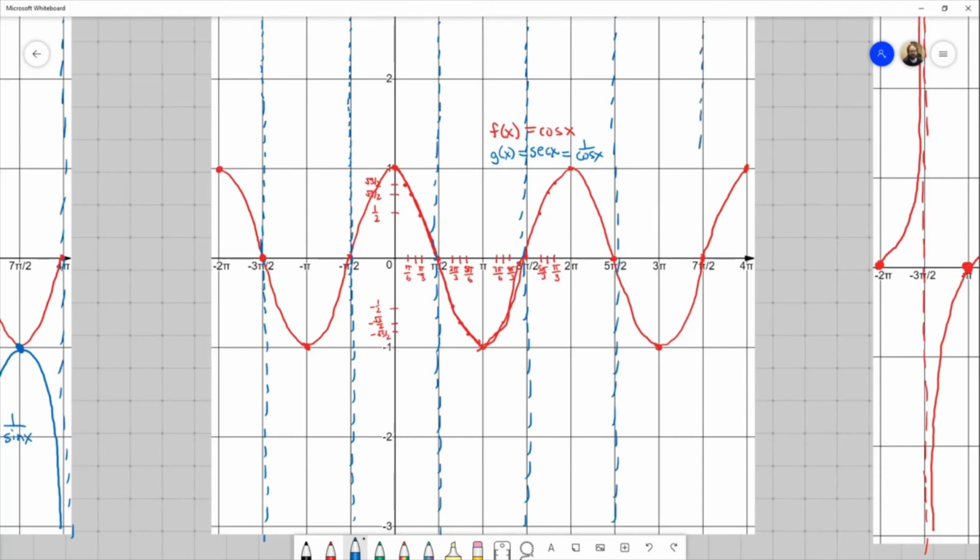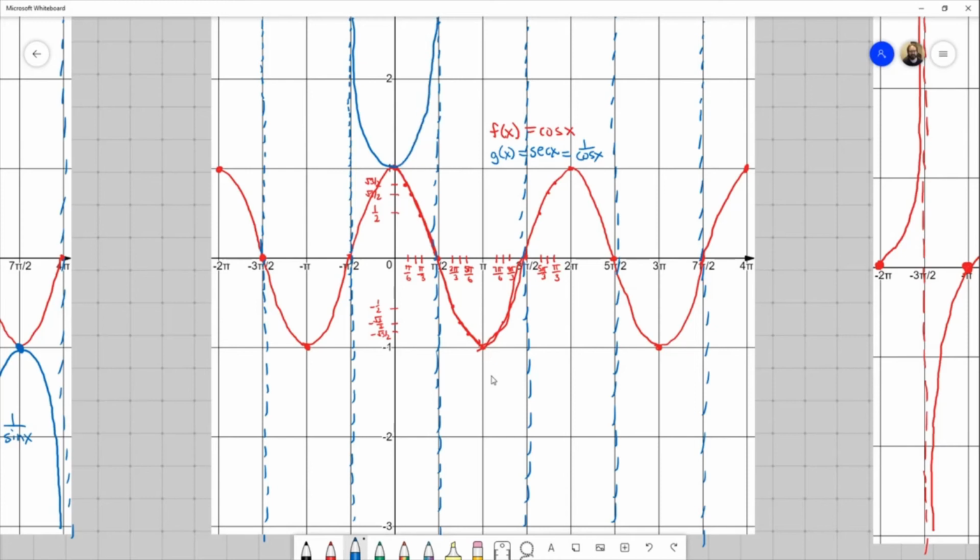And then just like we did with sine, in between each pair of vertical asymptotes, the graph of cosine is either always positive or always negative. And we can attach these, I guess I call them the secant humps. There are the cosine humps, and we're going to have the opposite secant humps. So where the graph of cosine is positive, we're going to have this secant.